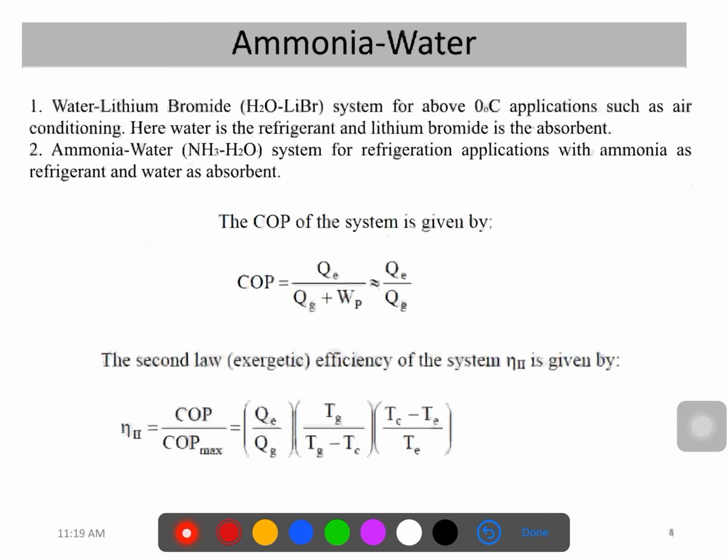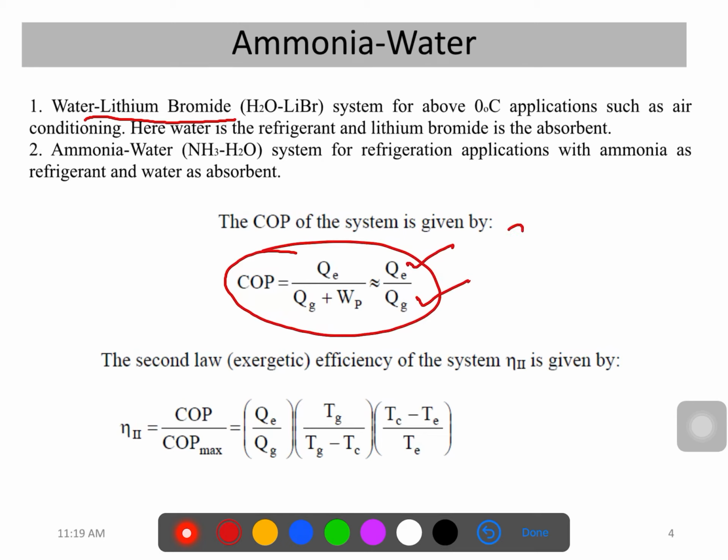Last time we discussed the water lithium bromide system, where we discussed the COP of the system, where QE and QG are there. QE is the energy absorbed in the evaporator. QG is the energy given in the generator.